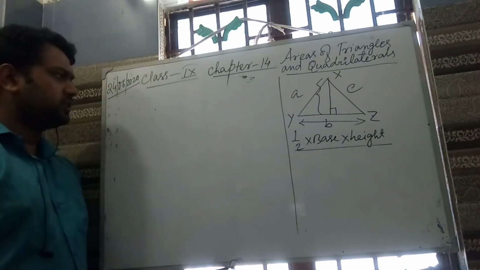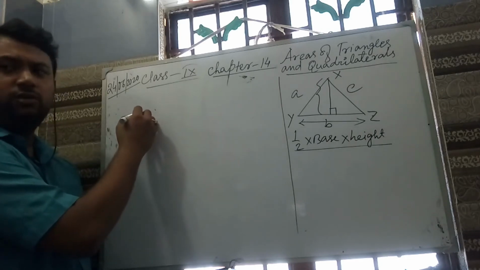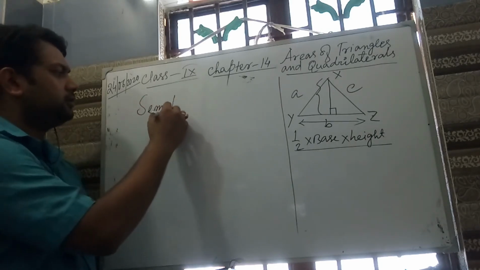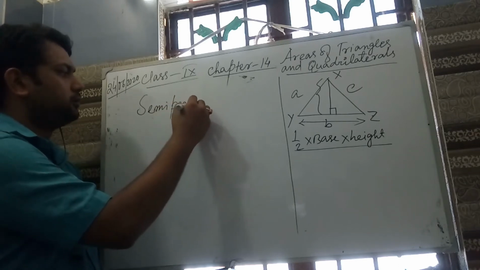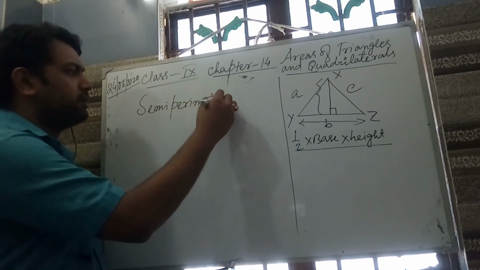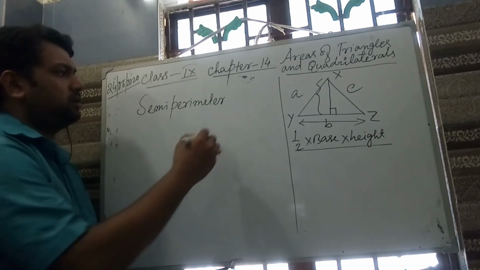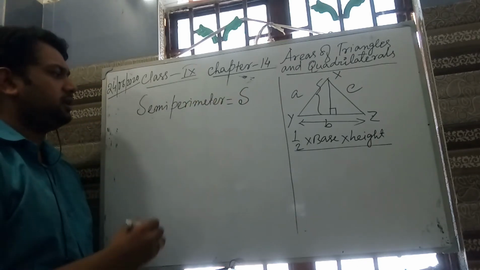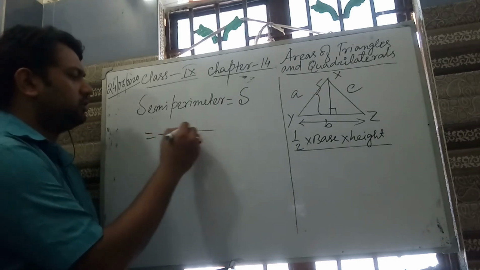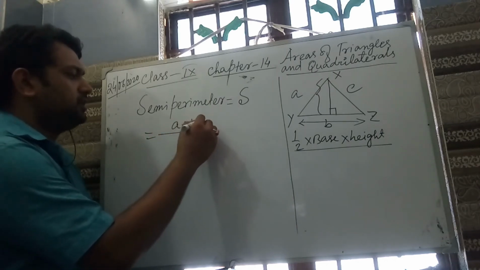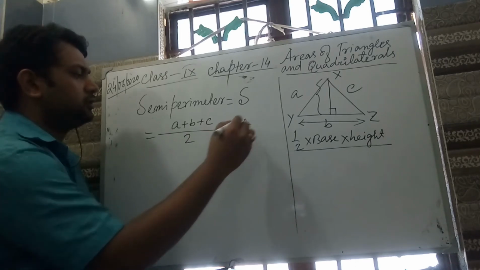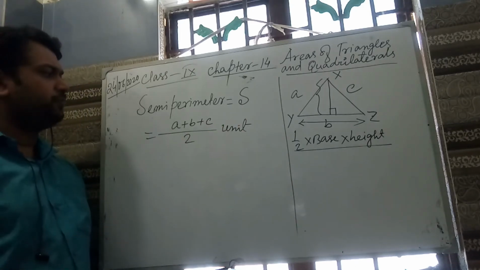So in that case, we have to find out the semi-perimeter, which we will denote by S and which is equal to (A plus B plus C) by 2 unit. Why?